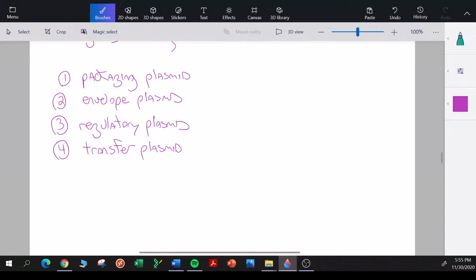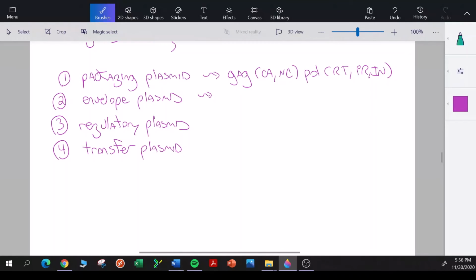We introduce these 4 plasmids into a packaging cell, some mammalian cell line. And what do these 4 plasmids do? Well, the packaging plasmid has the GAG gene, which essentially has the capsid protein and the nucleocapsid protein, and the POL gene, which has the reverse transcriptase, the protease, and the integrase. Hopefully some of this is coming back to you.